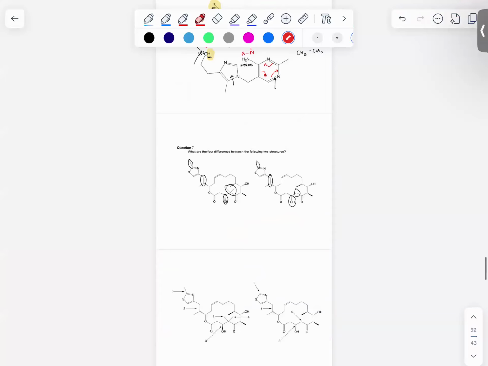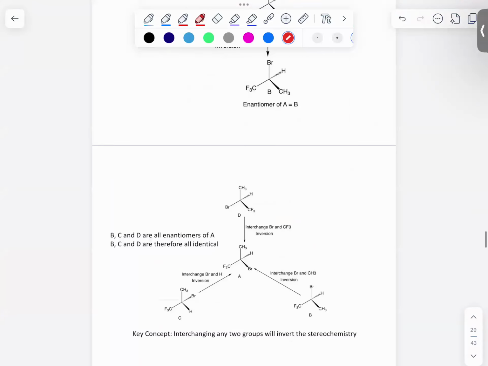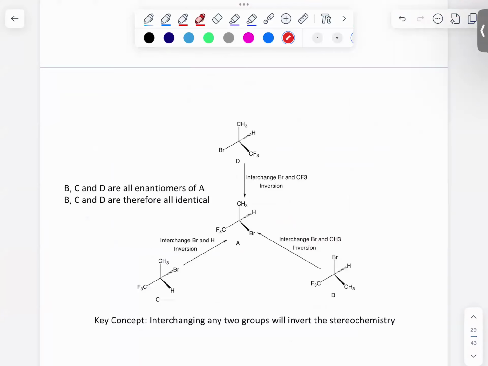It seemed more confusing because it wasn't just switching the wedges, but switching the atom. Like that bromine and the hydrogen are switched, but the wedges stay the same. So can you also just switch the atoms without switching the wedges? Yes. Okay, I think that's it.